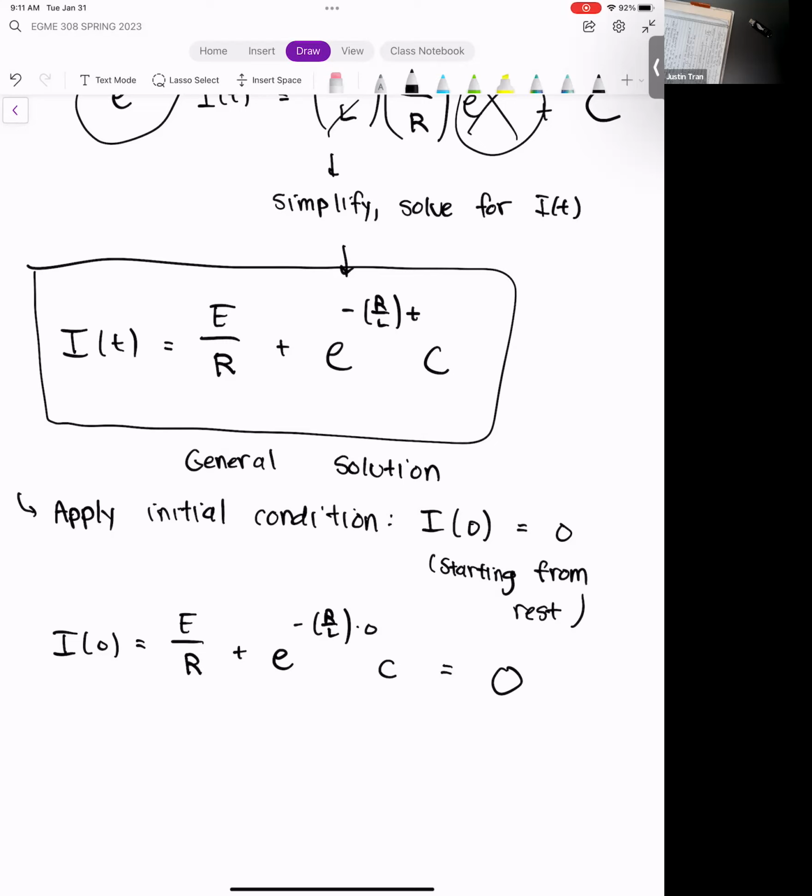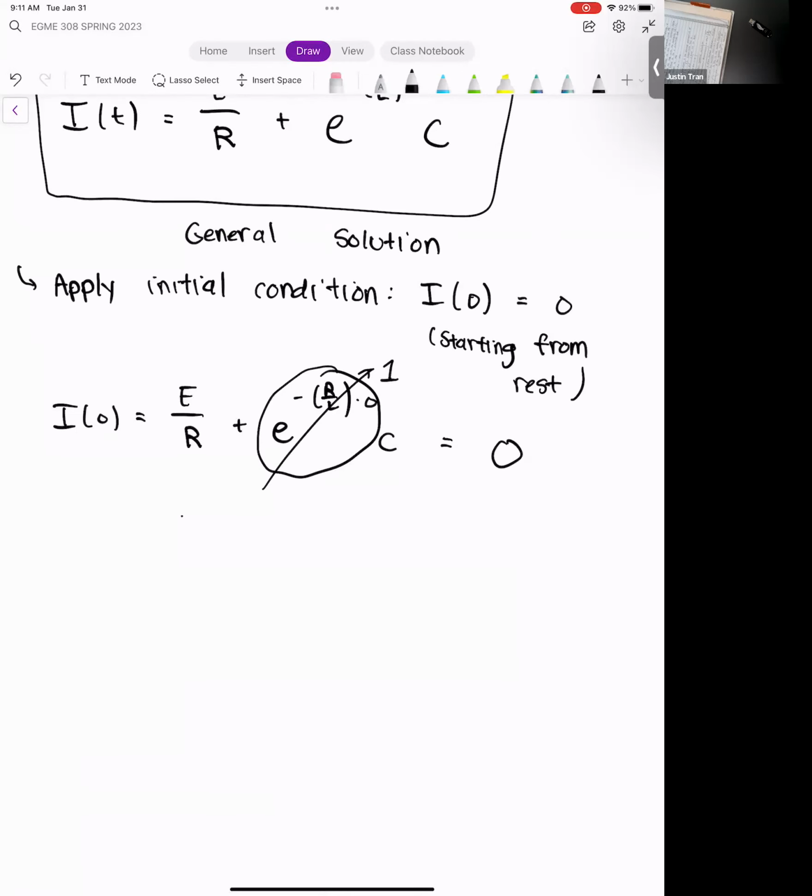Let's simplify this. We have E over R, which is just chilling, we don't have to worry about that. Then we have e to the minus R over L times 0. We simplify that, and that's going to be e to the 0. We know e to the 0 is just 1. And so if we simplify this, we have E over R plus C is equal to 0.